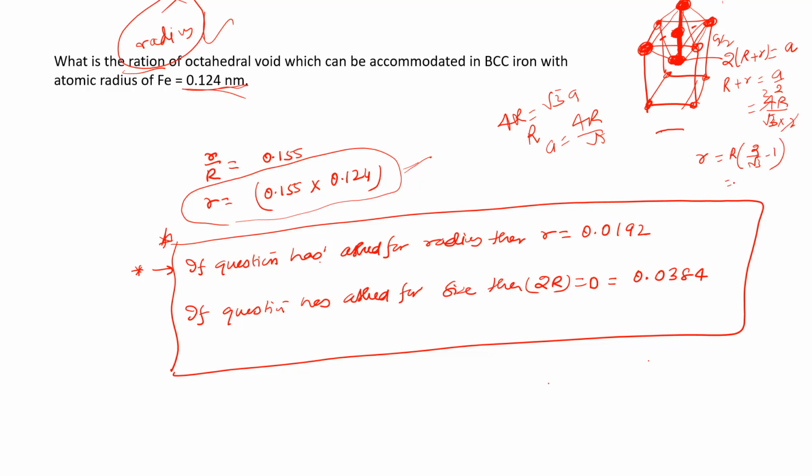Okay, so 2 by root 3 minus 1, how much is it? Calculate. It is 0.154. So this r by R will be equal to about 0.15.